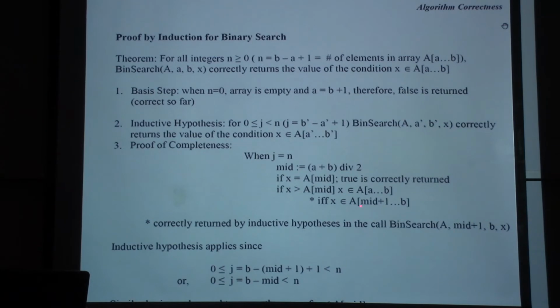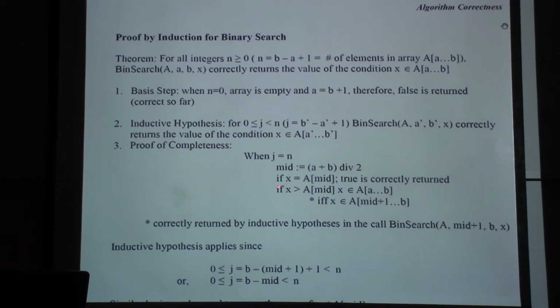So if it was 1, it's going to be 0. If it was 2, it's going to be 1. If it was 4, it's going to be 2. Any reduction takes us down to at least n minus 1, which means that this recursive call will be covered by the inductive hypothesis and will be correct.